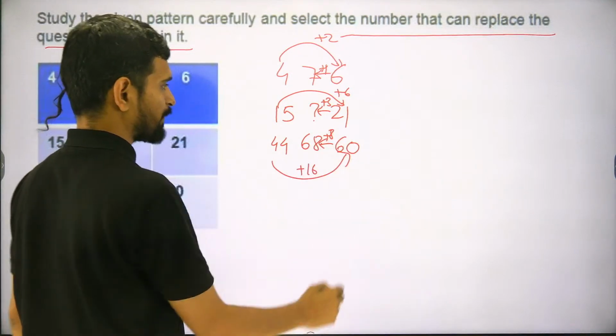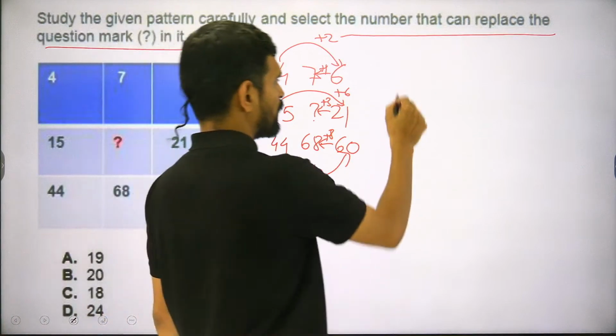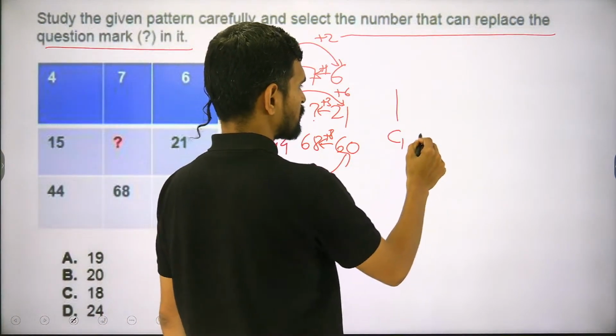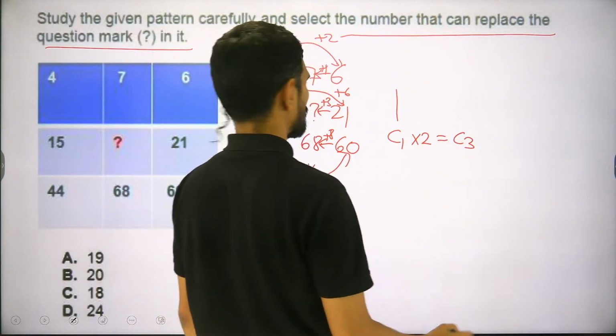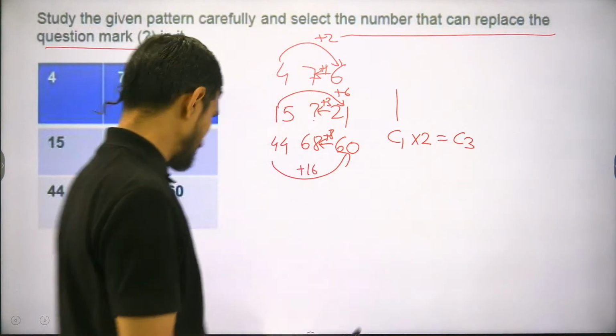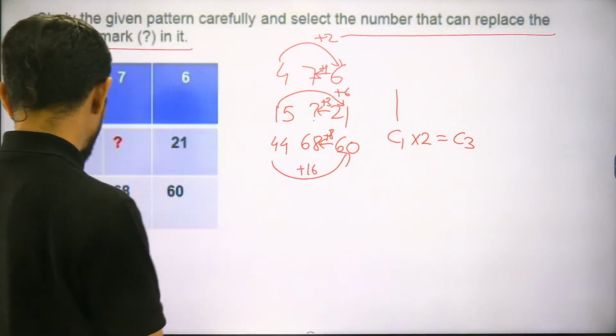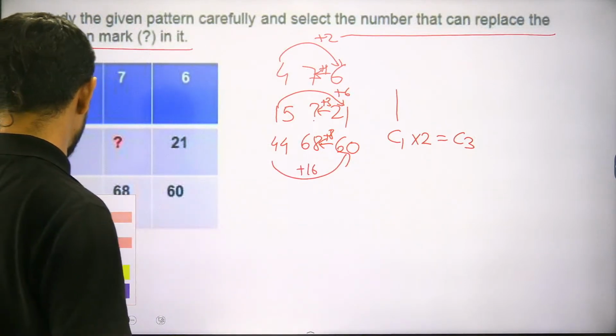So this verifies that column 1 multiplied by 2 gives you column 3. Not multiplied, exactly; multiplication is not the right term.